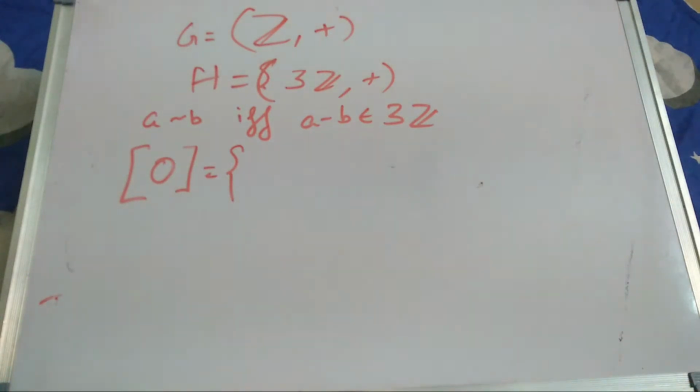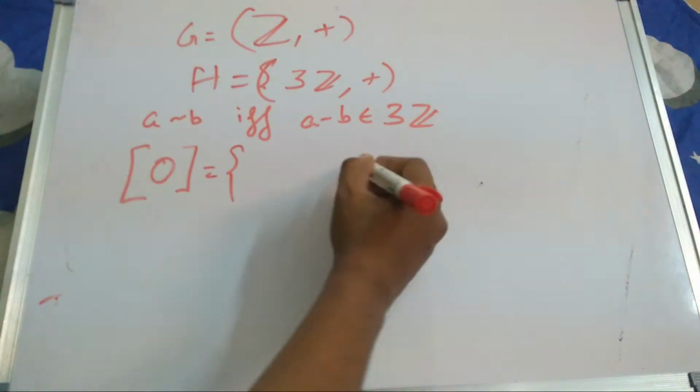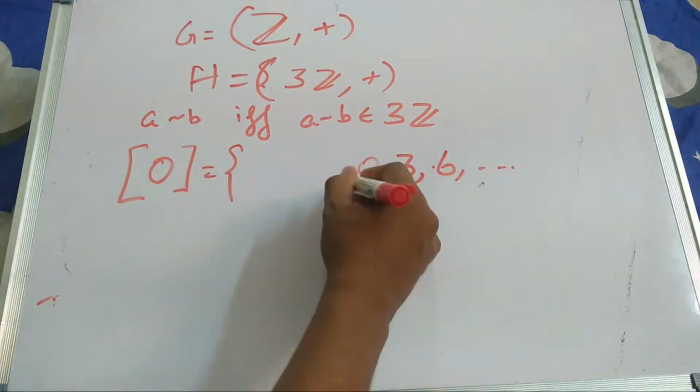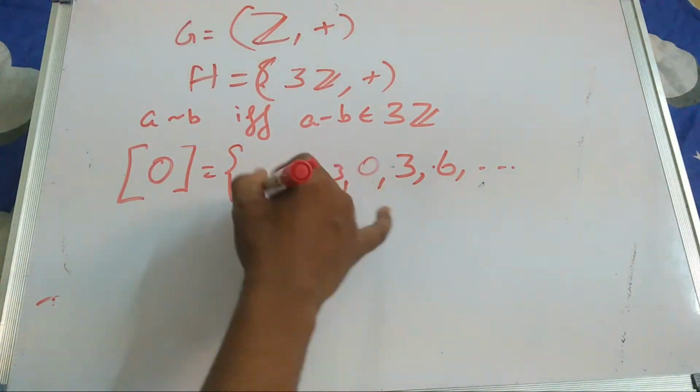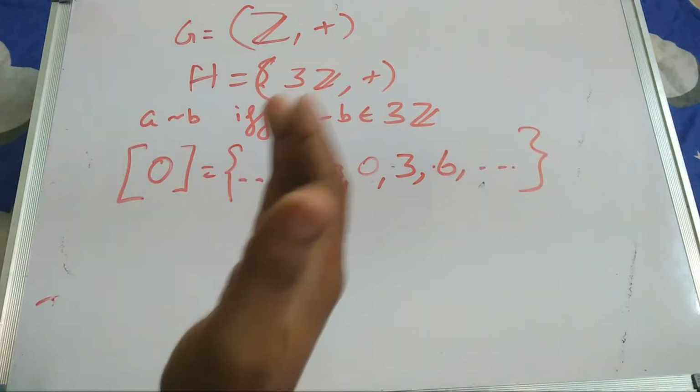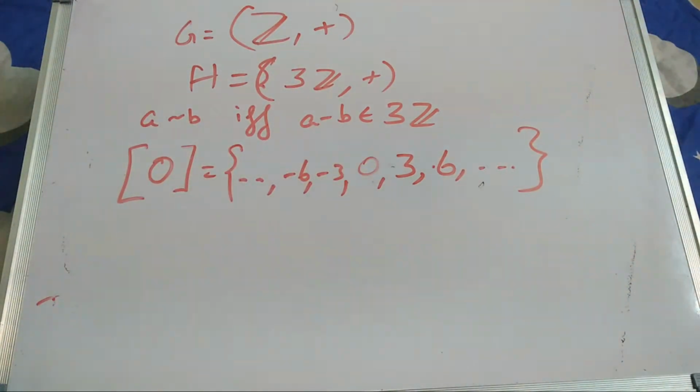Similarly, if you check, we get 0, 3, 6, etc. and minus 3, minus 6, etc. So these are all the elements which are related to 0. So we have collected all the elements which are related to 0 here.